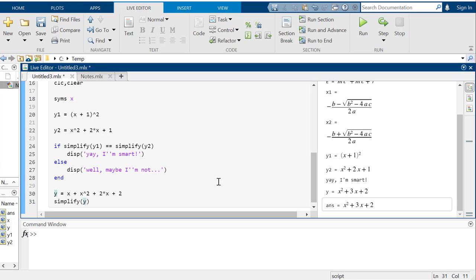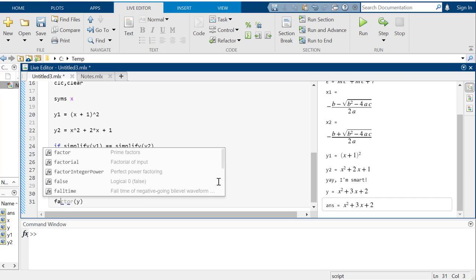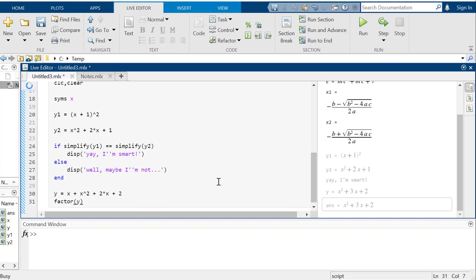Well, I guess that does factor. It's just not factoring it the way I want it. It's factorable, but it's not factoring it. So to truly factor something, there actually is a factor function that it's going to throw these out. And I don't know what happened to those inner parentheses, but, you know.